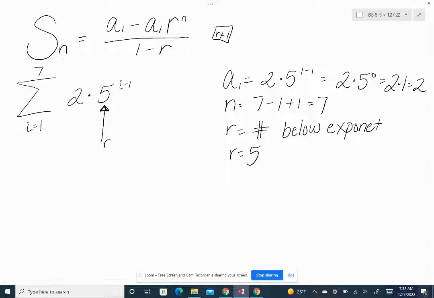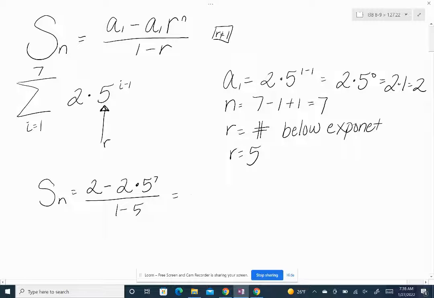Okay, so now we just put it into our equation, this one up here. So it's going to be S of n is equal to 2 minus 2 times 5 to the power of 7 over 1 minus 5.